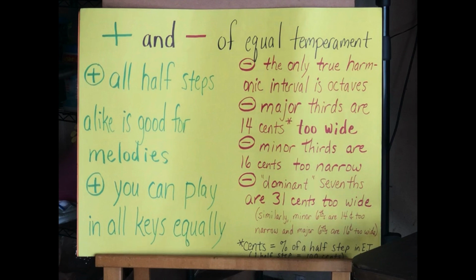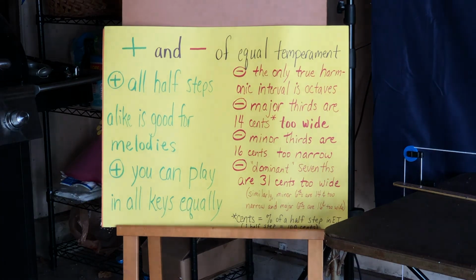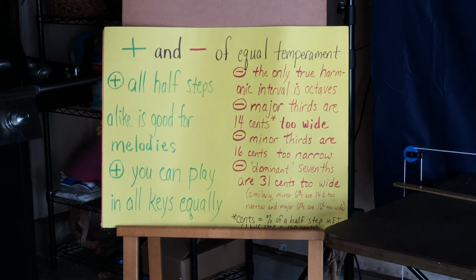This is where you make all of the half steps the same. So musically, they're the same in that I could play in any key and the relationships mathematically would be the same. And it's great if I need a piece transposed up or down.